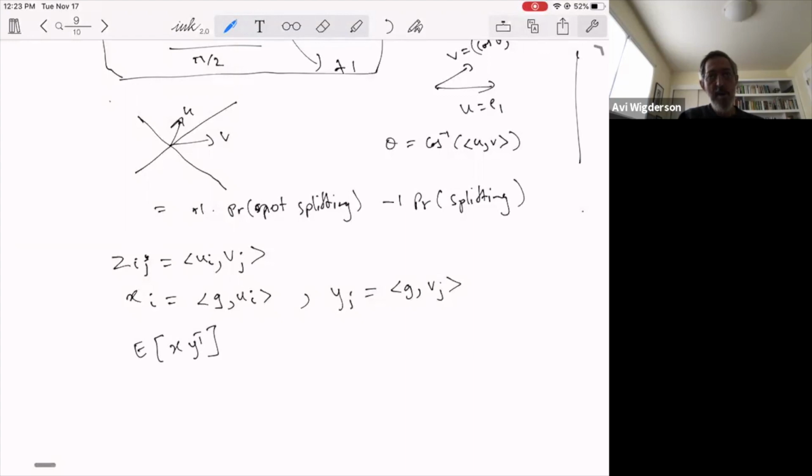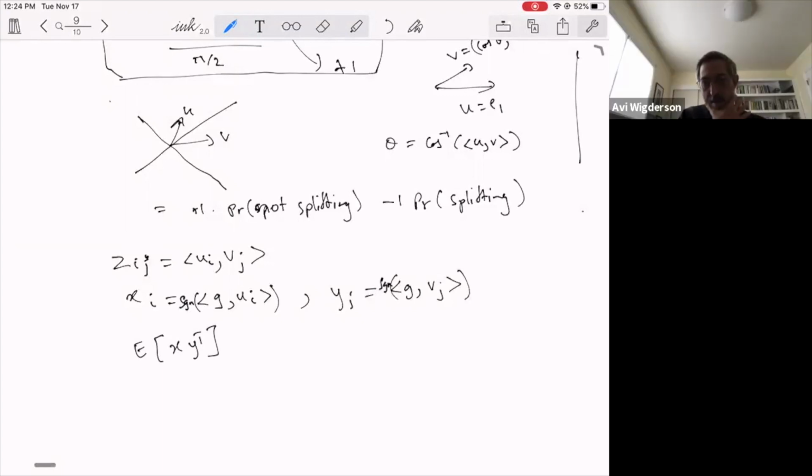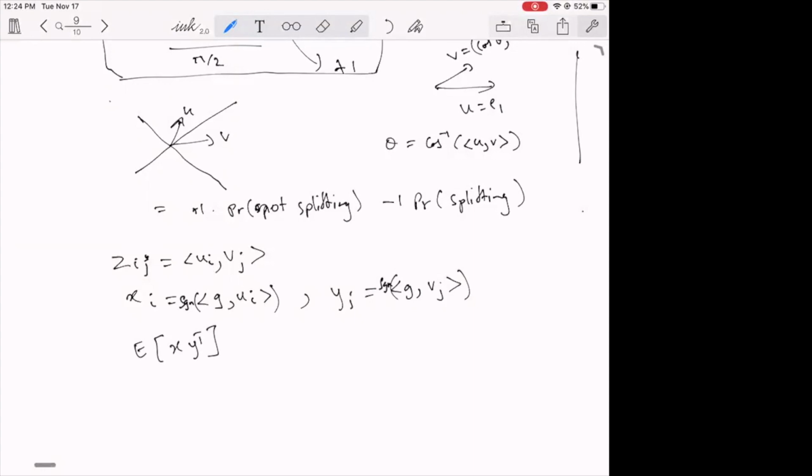Yes, thank you. xi is the sign of this, yj is the sign of this. Then, applying this identity entry-wise, we obtain that the expectation of x y transpose is equal to sine inverse applied entry-wise to Z, divided by pi over 2.